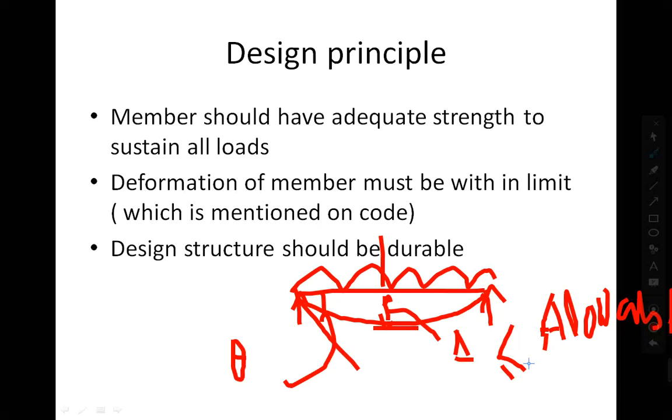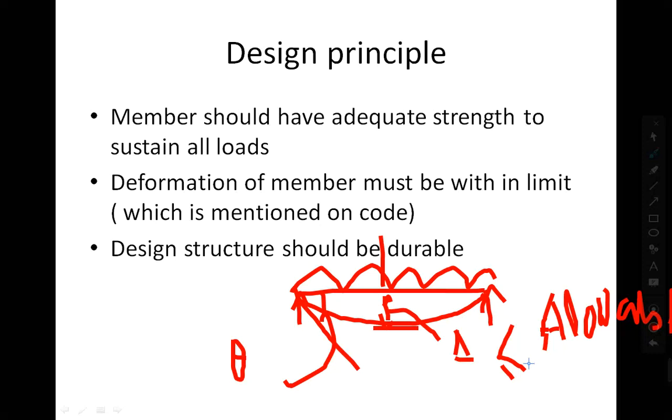So the deflection or rotation should be less than the allowable deflection. Both these criteria you have to check while you design: the strength criteria, and another criterion, the deformation criteria.